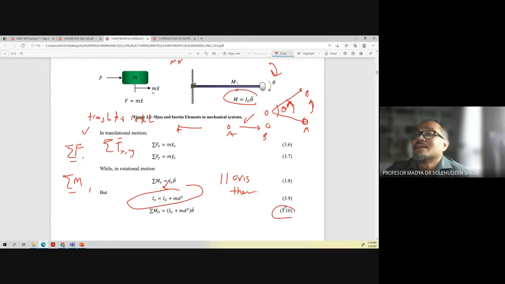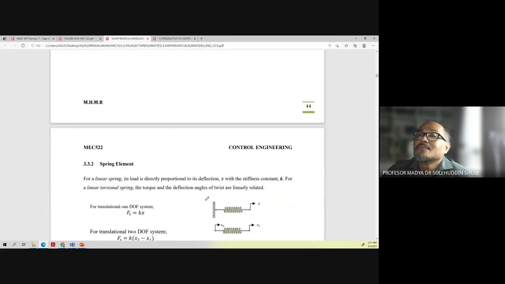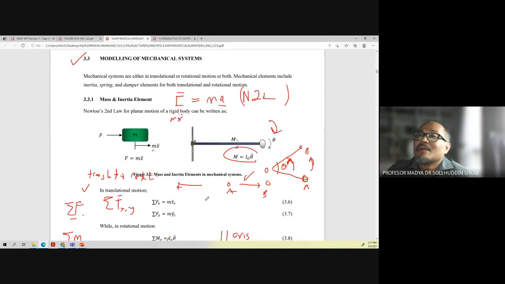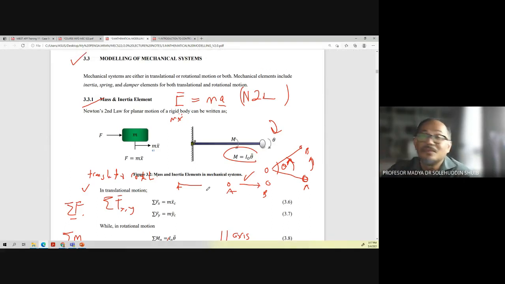From here you get M, D, and theta double dot. This is for the mass and inertia element, which has translational motion and rotational motion.